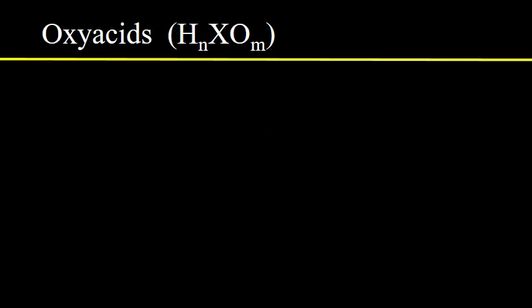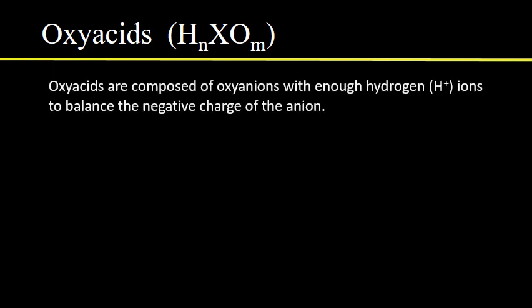All right, the other group are oxyacids, and whereas the binary acids are simple anions combined with enough hydrogen to balance out the negative charge, the oxyacids are the same thing, but using those oxyanions. So if you have an oxyanion and you add enough hydrogens to make a neutral compound, then that gives you an acid.